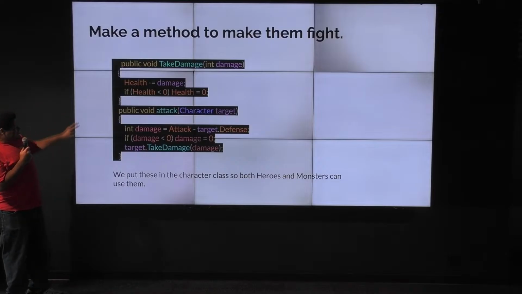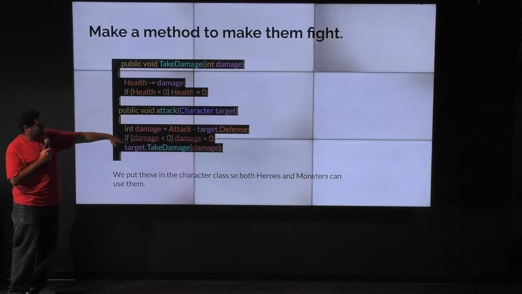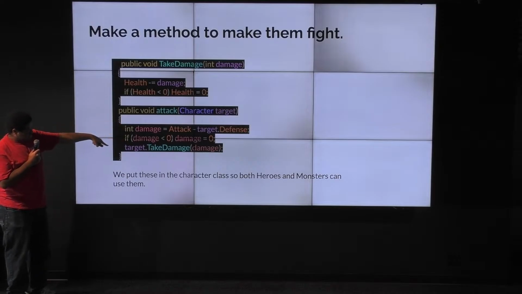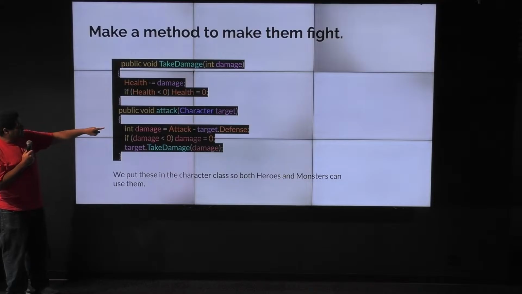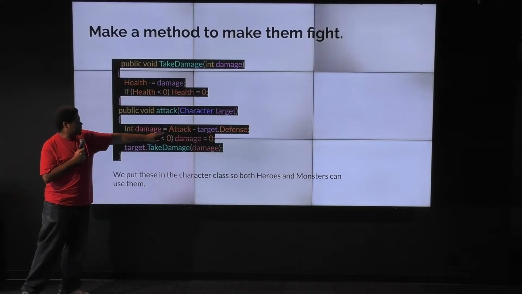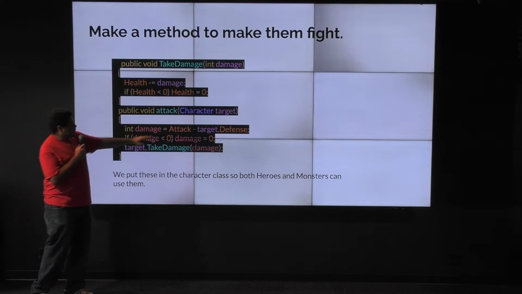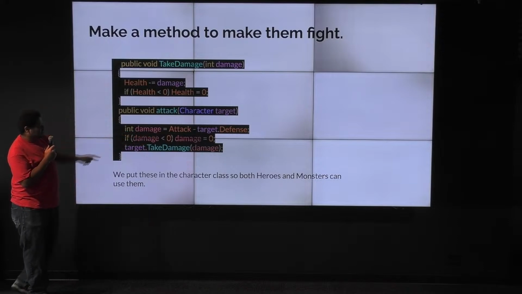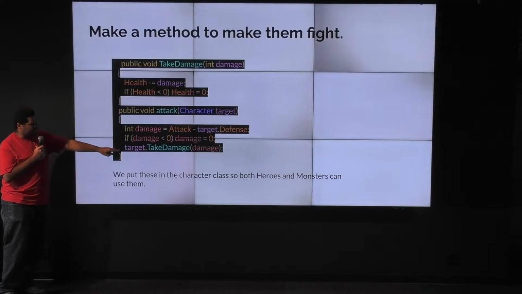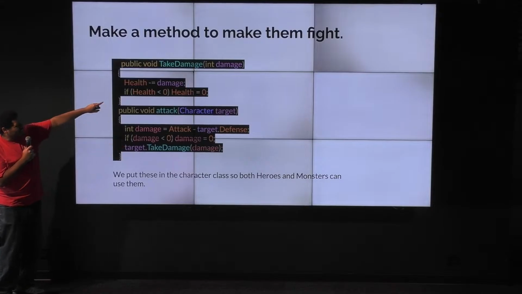But all this does is it will take the character, and whenever the character that's targeted gets attacked, it will take the attack of the character and go against the target's defense to get the damage. And as long as the damage is above 0, it'll affect their health.